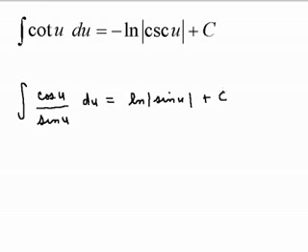And then, of course, we can integrate this since the derivative of the denominator is in the numerator. So we get the natural log of the sine of u plus a constant. And you can see we can write this as minus the natural log of cosecant of u plus a constant. You can use either form, whichever one is most convenient for you in the problem that you're working on.